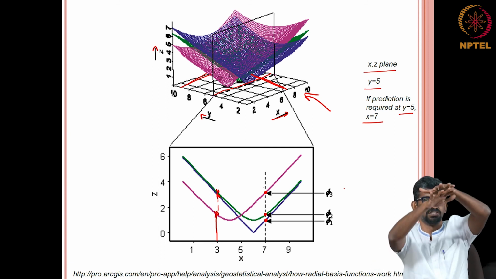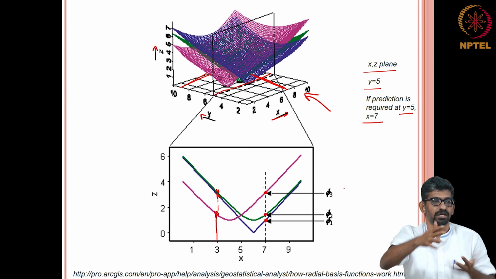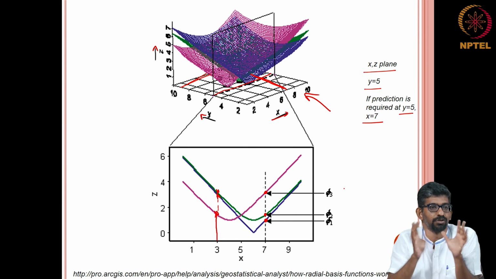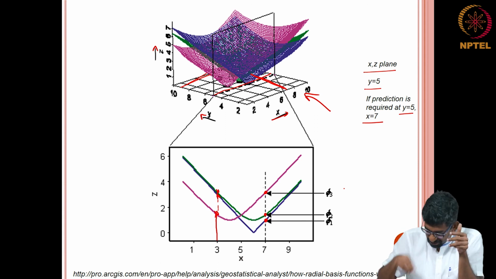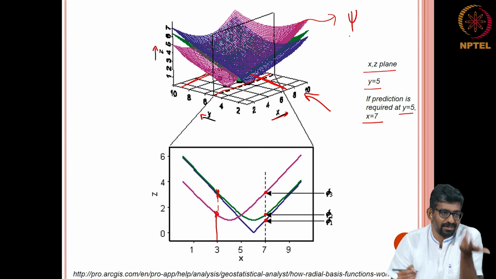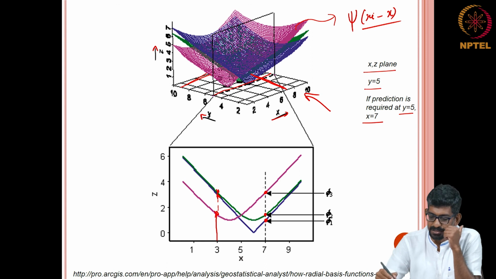Imagine that you have 3 sheets, and then you are going to cut through wherever you want, and the cross sections will vary. You just need to add them. But this is only for understanding, only for visualization purposes. Because this function is nothing but a psi of xi minus x, or c, whatever.